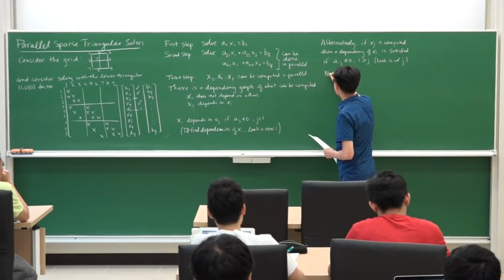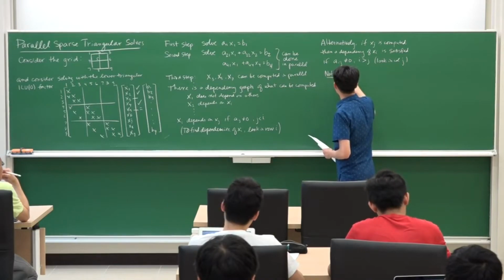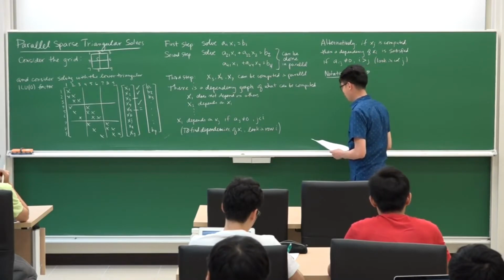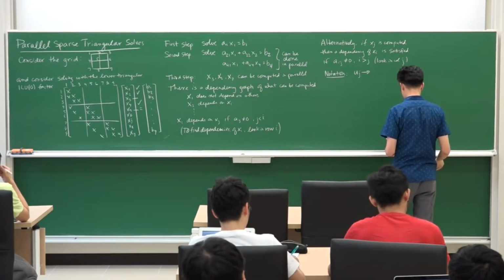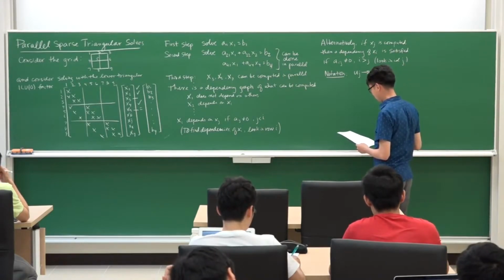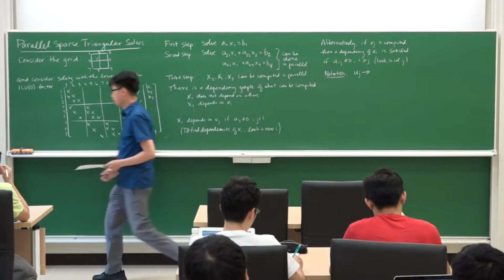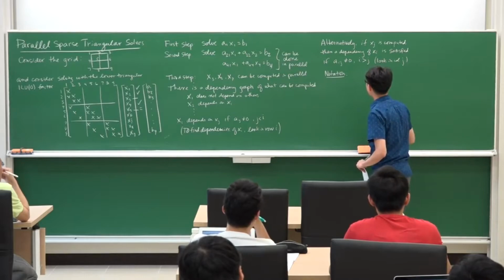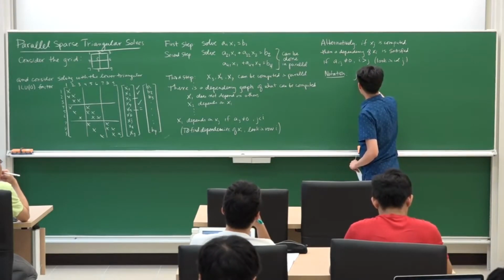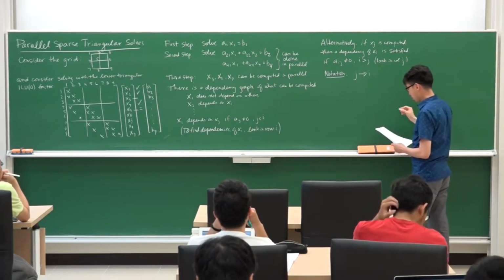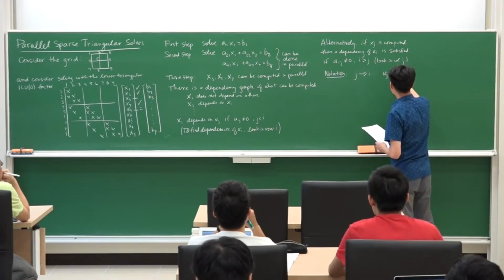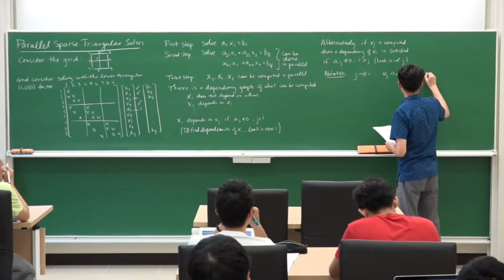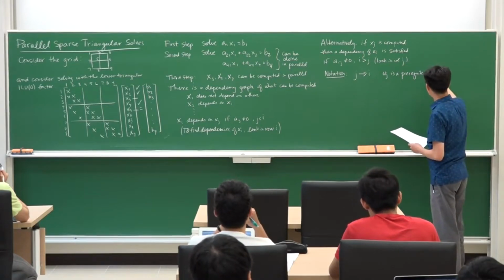So here's some notation. I'm just going to draw j with an arrow to i. Okay, so this means that uj is a prerequisite of ui.